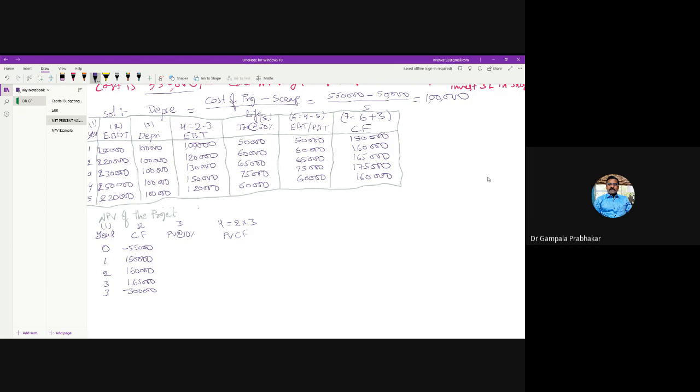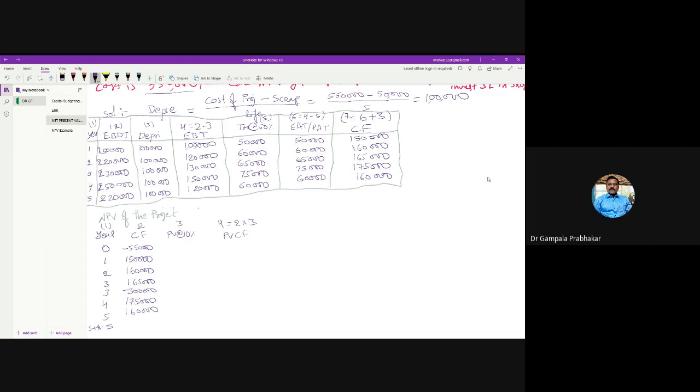Next, fourth year inflow 1,75,000. And fifth year 1,60,000. Again, in the fifth year you see salvage value and net working capital, right? Salvage value and net working capital both should be considered.